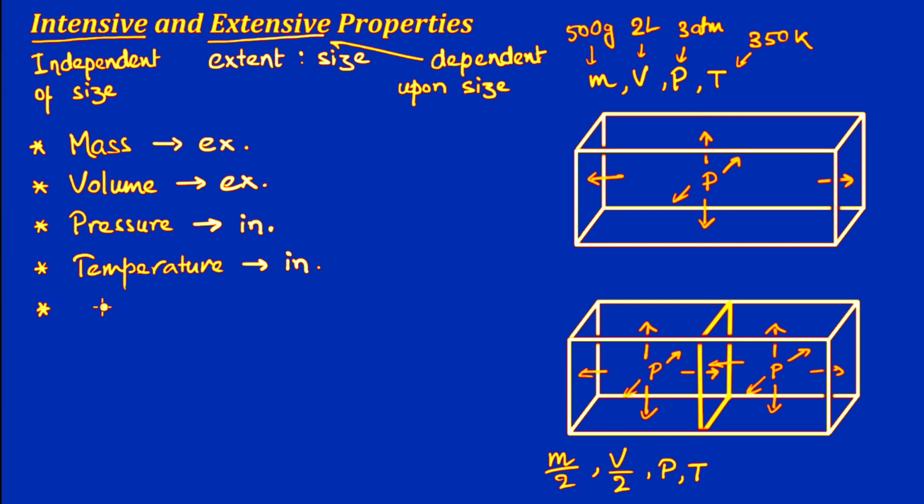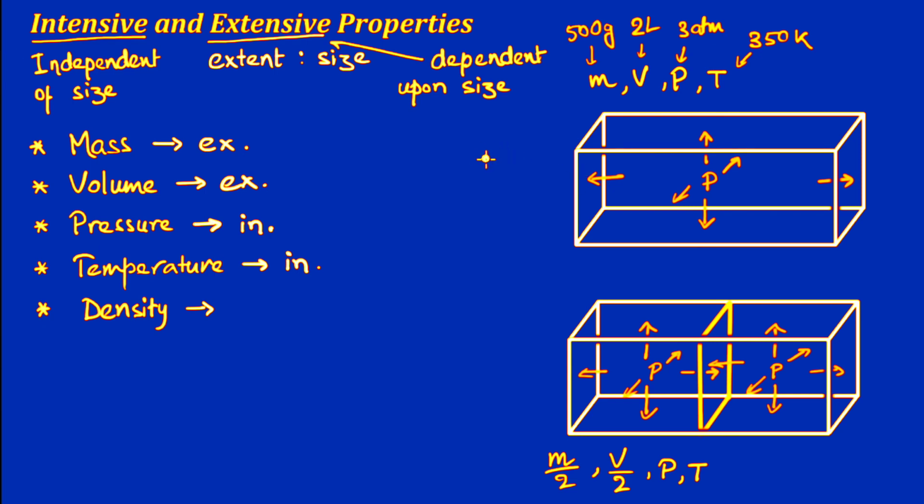Let's talk about another property, and that is density. No doubt we have divided the sample into 2 equal parts, but the density will remain the same.